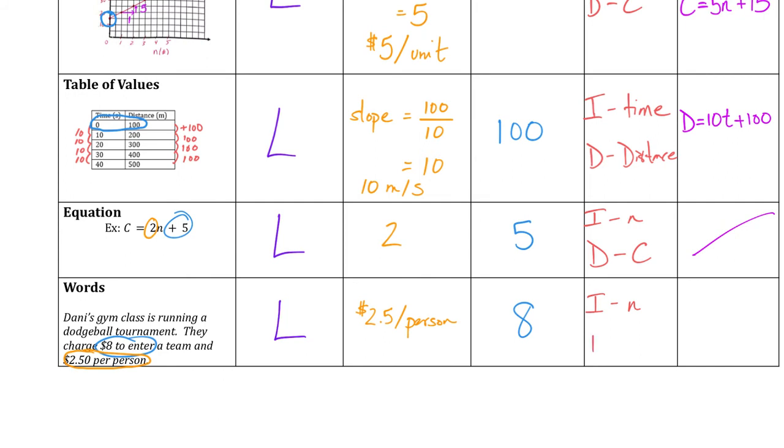And that would make my dependent variable probably like a C for the cost to enter the team. I should be good to be able to build my equation now. My total cost is $2.50 per person with the fixed amount of $8.